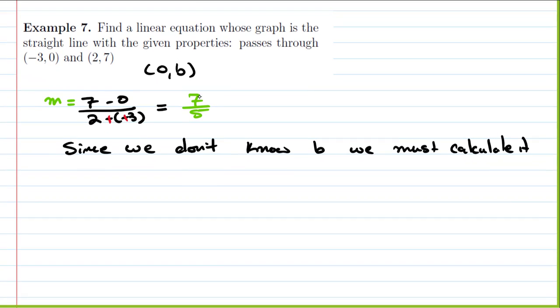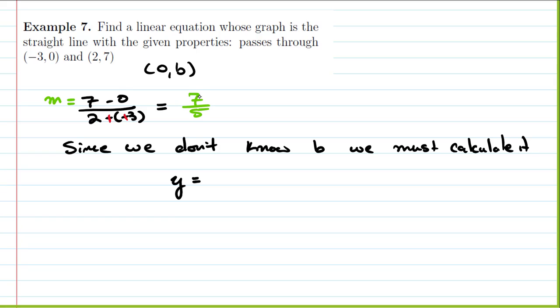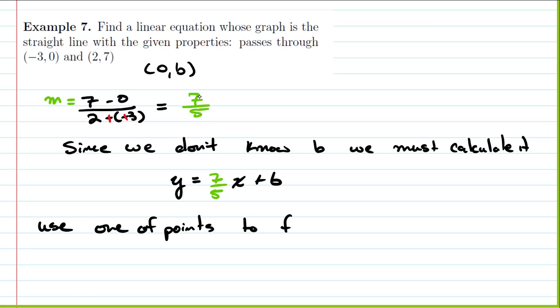So we do know our slope, so we have y equals 7 over 5x plus our b, which we don't know. But we do know either of these points, so we use one of the points to find b.